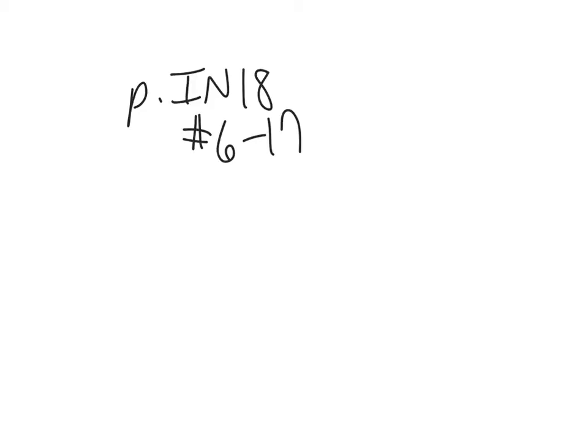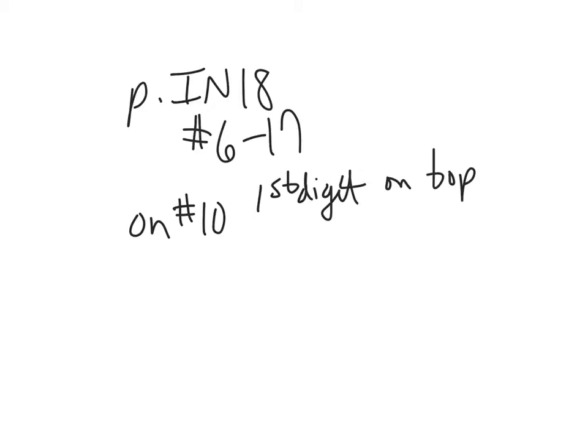So I'd like you to do page IN18, numbers 6 through 17. One thing to note, just to make sure everybody's clear, on number 10, on the table there, the first digit is on top and the second digit is on the side.